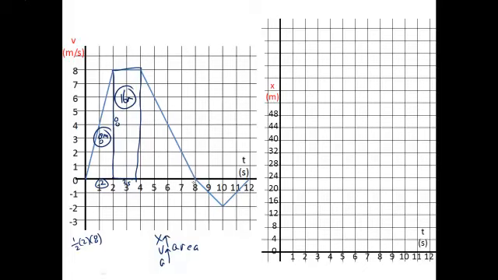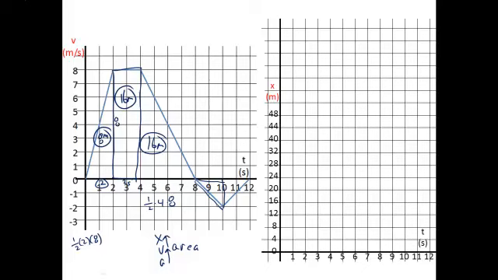Then this next triangle is 1/2 base times height once again. My base is 4. So 1/2 times 4 times 8 is going to give me 2 times 8, 16 meters once again. And 1/2 base times height for here, my base is 2, my height is -2, so 2 times -2 is -4.